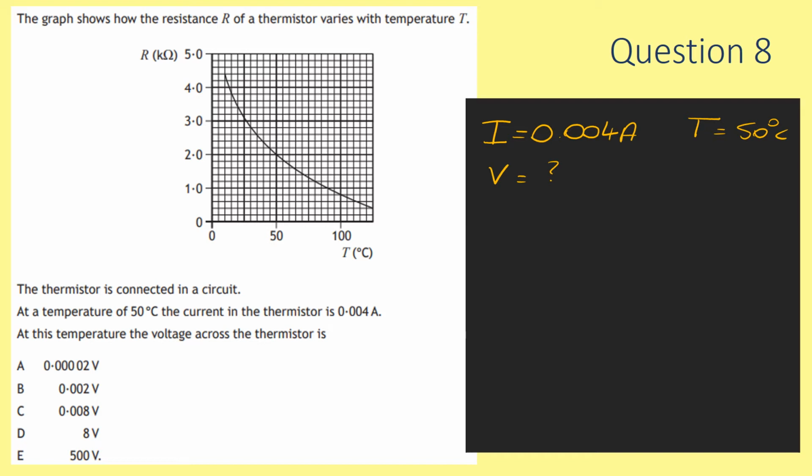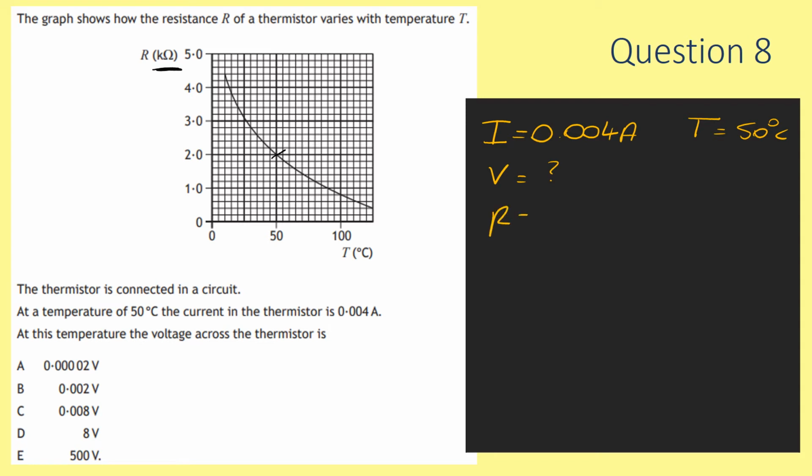The graph will allow us to find a resistance value at a temperature of 50 degrees C. So we follow the graph at 50 degrees C. Here we know we have a resistance of 2 kilo ohms. So we have to remember our conversions of units.